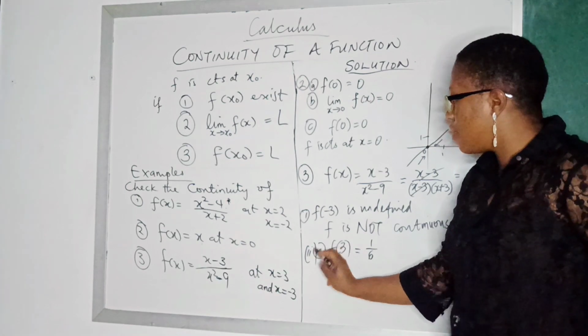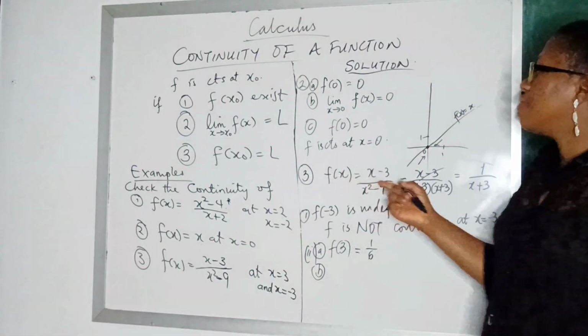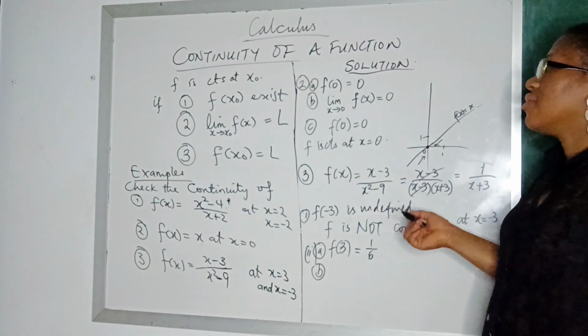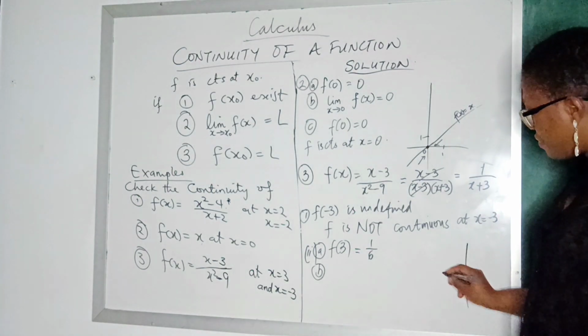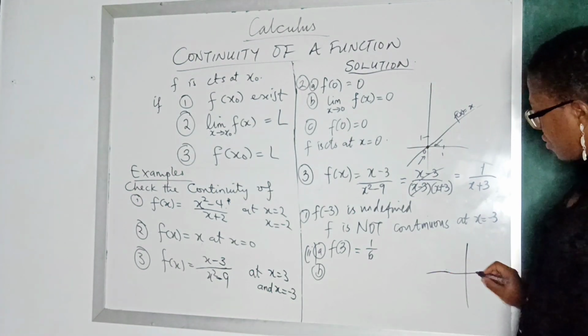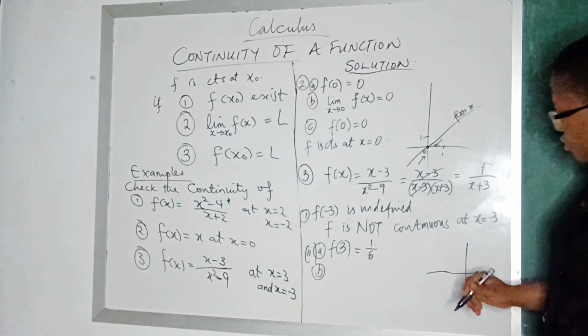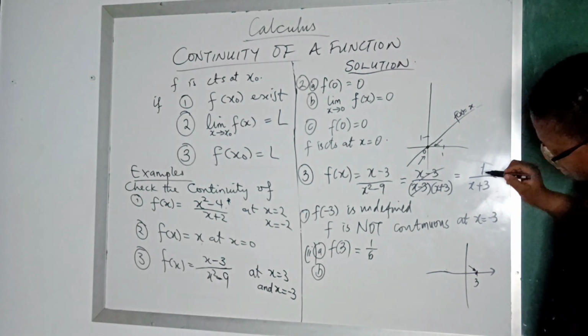This is A. The next one, we check that the limit of f as x goes to 3 exists and is equal to something. So 3 is somewhere here. We can choose to go to 3 from the left hand side first.